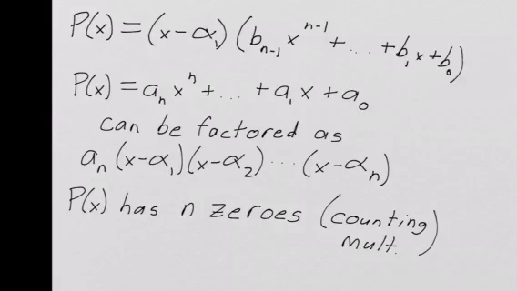So, if we had 1 as a 0 with multiplicity 3, when we talk about the polynomial having n zeros, that 0 at 1 counts as 3.